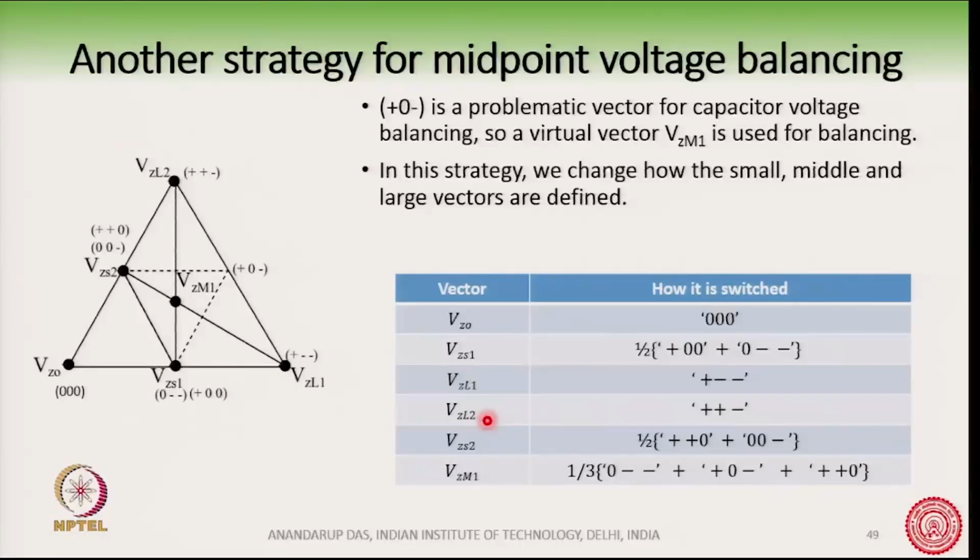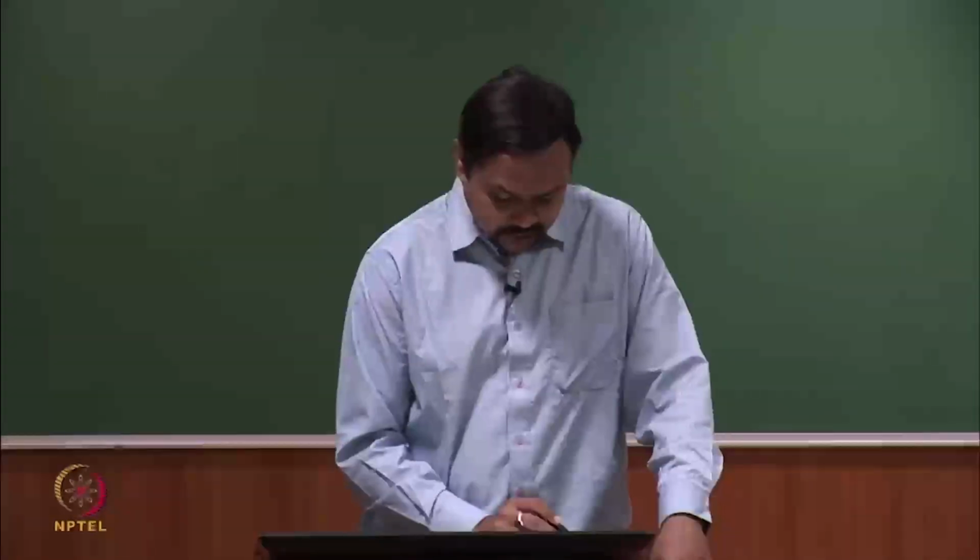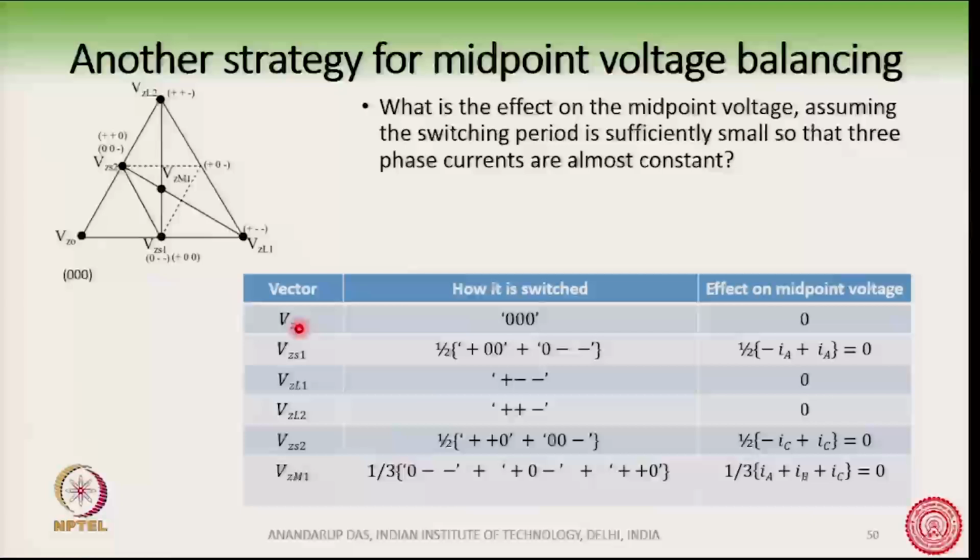Let us see that after introducing this definition, what is the effect on the midpoint voltage, and that is what is interesting. Again we assume that the switching period TS is sufficiently small, so that all the currents are almost constant to their values.